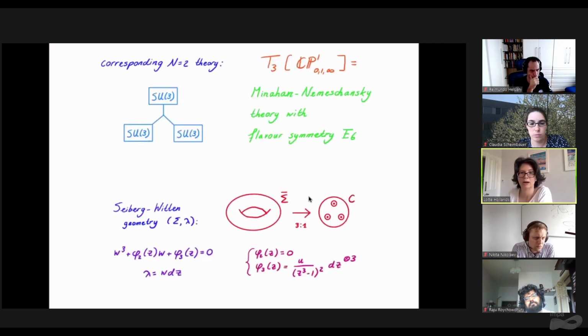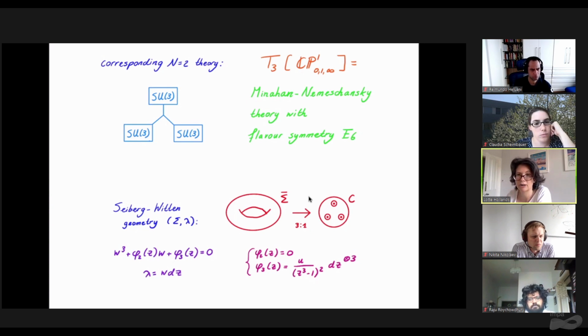Right, so the field theory corresponding to this differential equation, to the T3 equation, is the so-called T3 theory. This is the basic building block in constructing superconformal field theories of class S of type A2. And by Gaiotto, this theory is identified as the so-called Minahan-Nemeschansky theory with flavor symmetry E6.